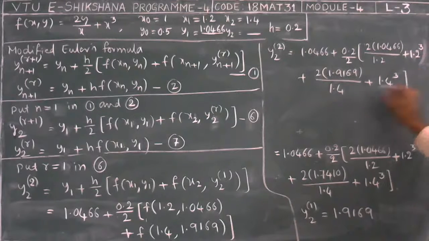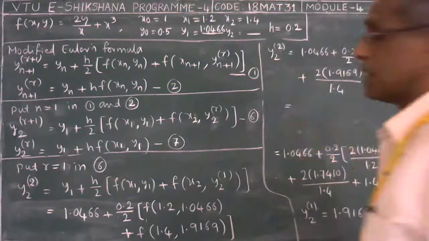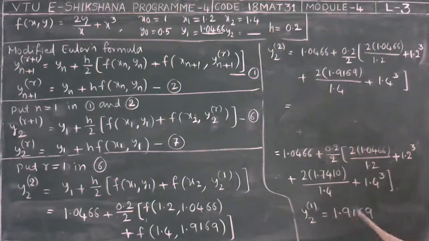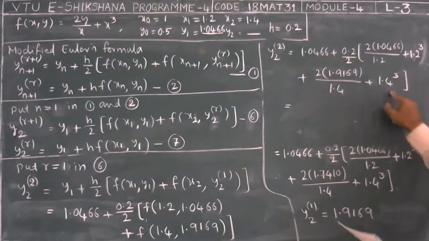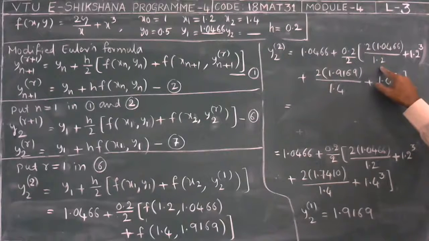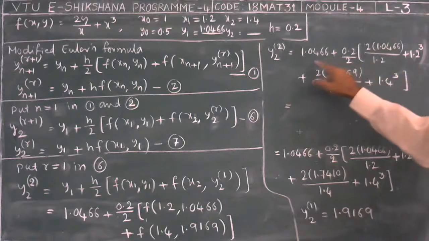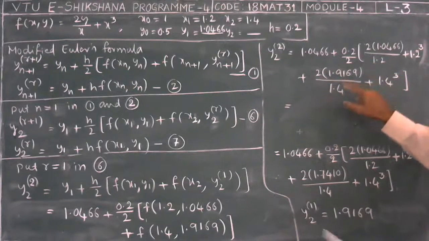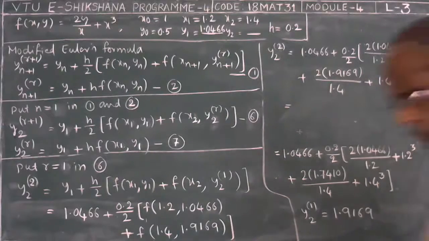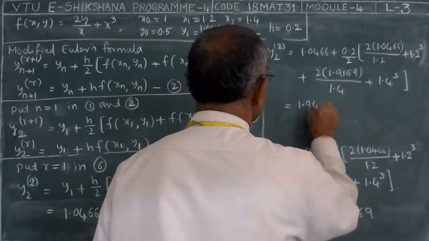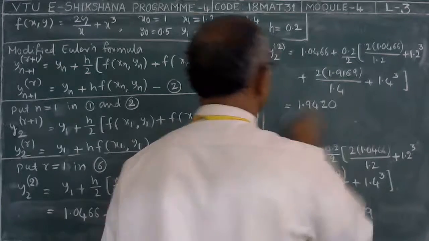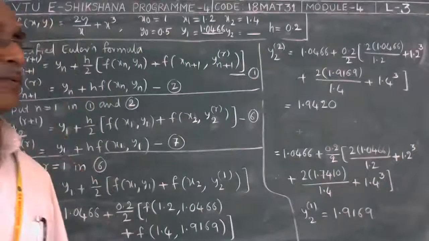Now close the bracket. If you carefully calculate using a calculator, you get y2 (2) equal to 1.9420. This is the second iterative value.